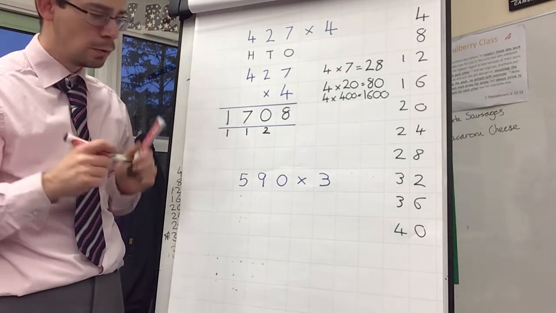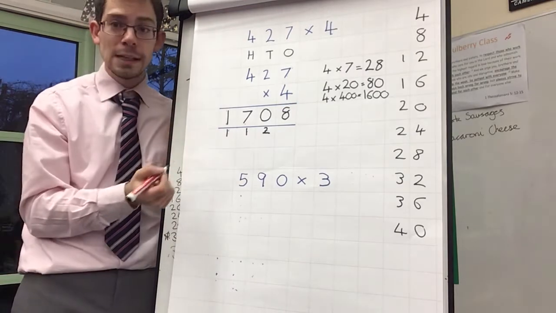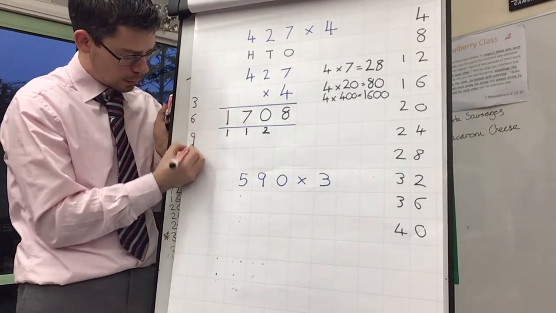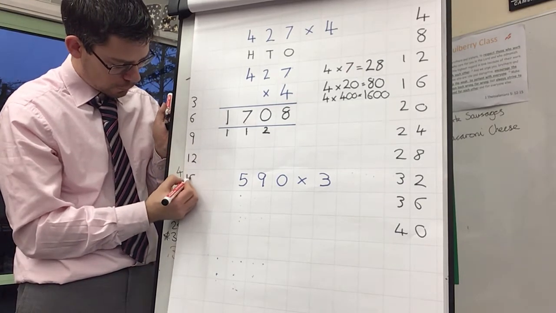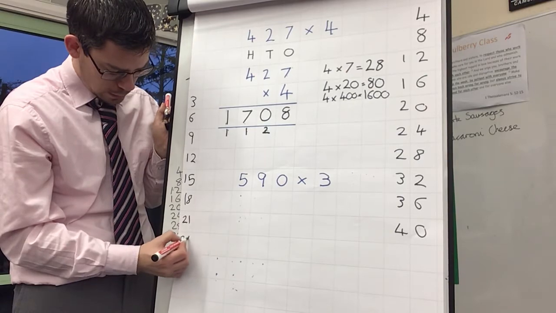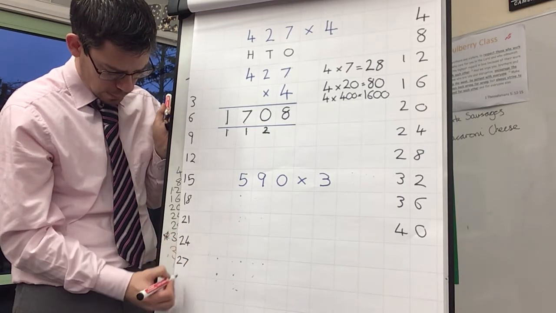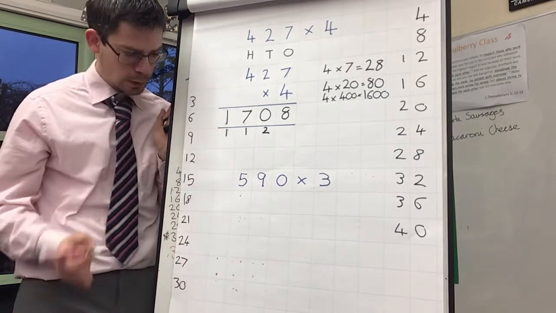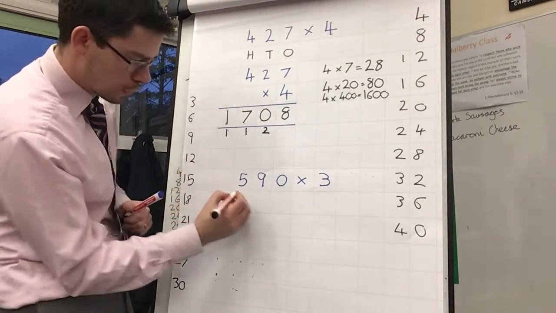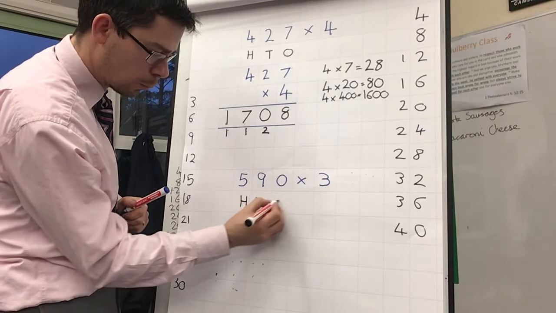First thing I'm going to do is my 3 times table, if I need to, down the side of my page. 3, 6, 9, 12, 15, 18, 21, 24, 27, 30. Going up in threes. Gonna do my hundreds, tens, and ones.